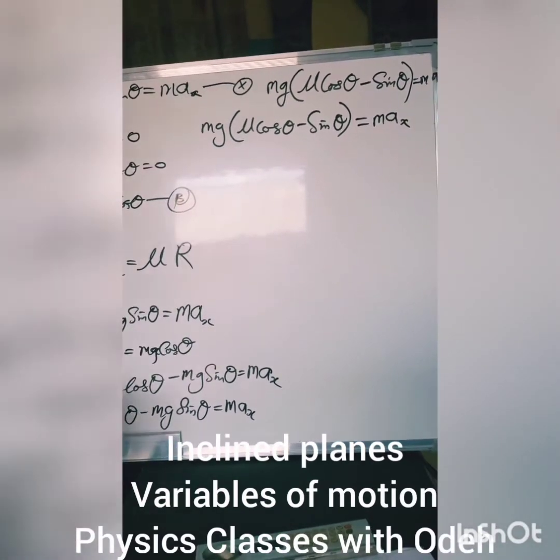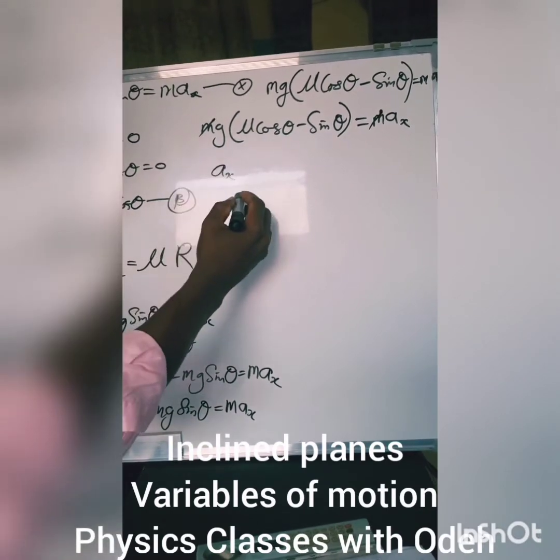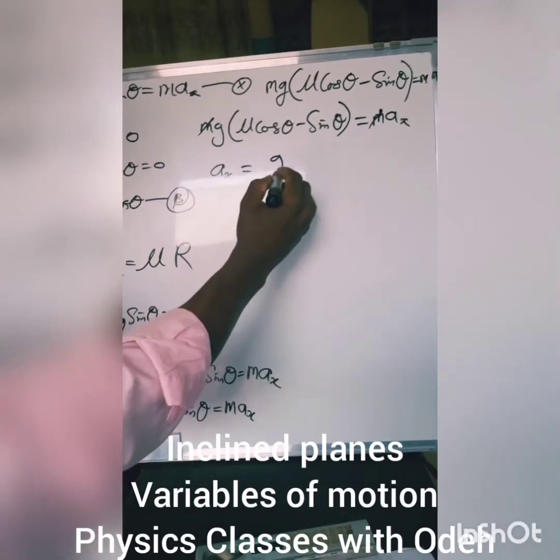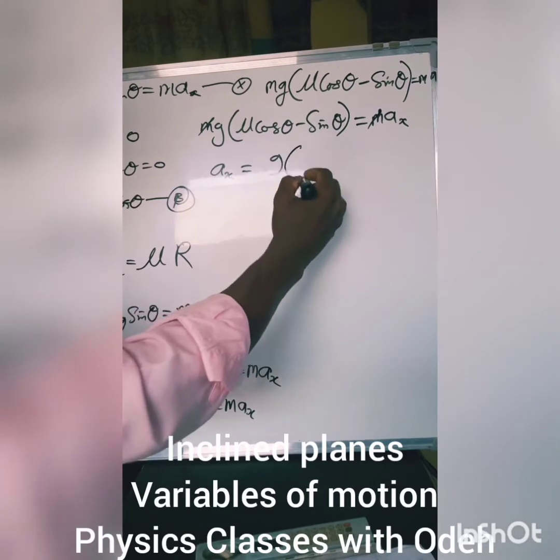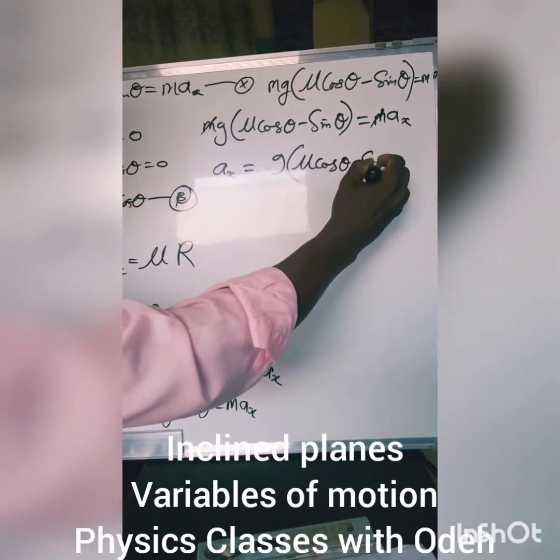Now, this mg cancels the m, and we have that ax is equal to g into mu cos theta minus sine theta.